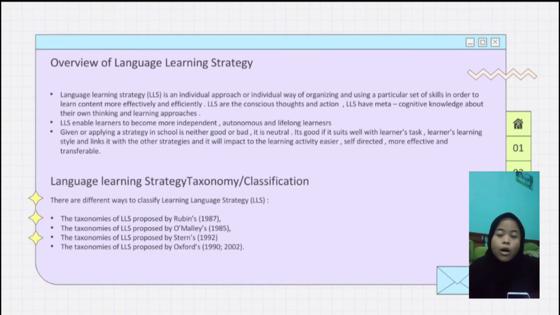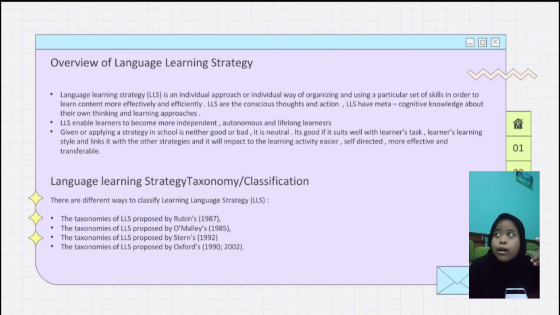So we can conclude that LLS, or language learning strategy, is an individual approach that is used for organizing how to understand the content more effectively and efficiently. LLS enables learners to become more independent, autonomous, and lifelong learners.